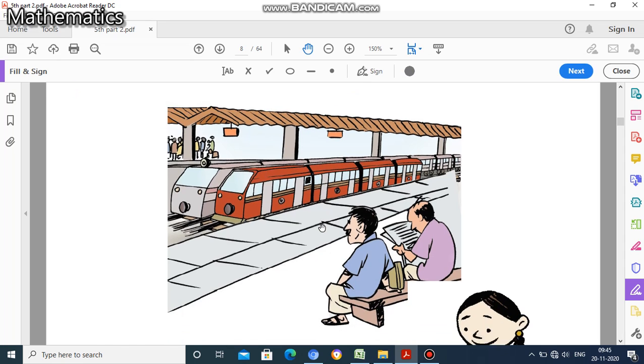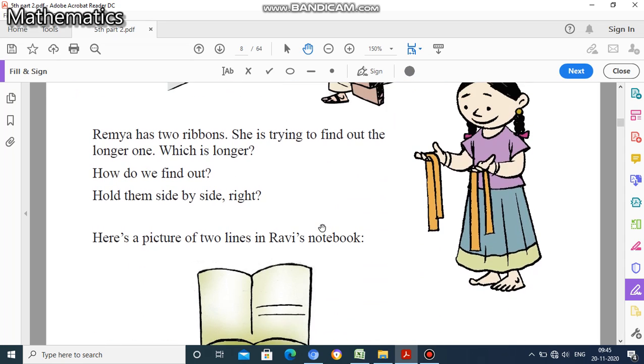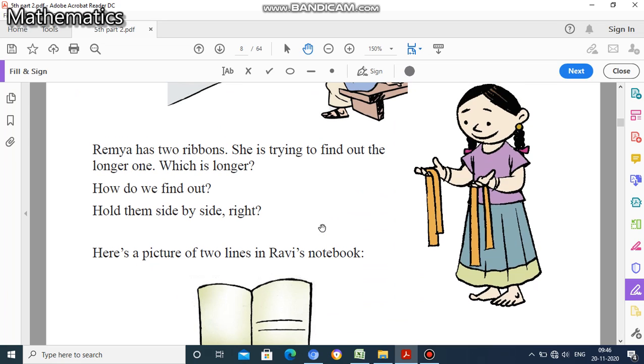Next, this one. Ramya has two ribbons. She is trying to find out the longer one. Which is longer? Is there any idea to find the longer one? How do we find out? One idea is given here.